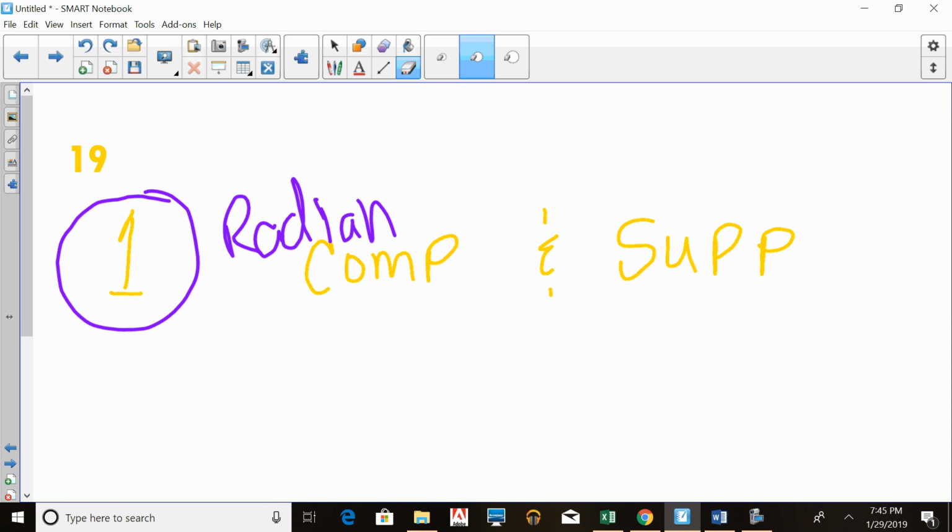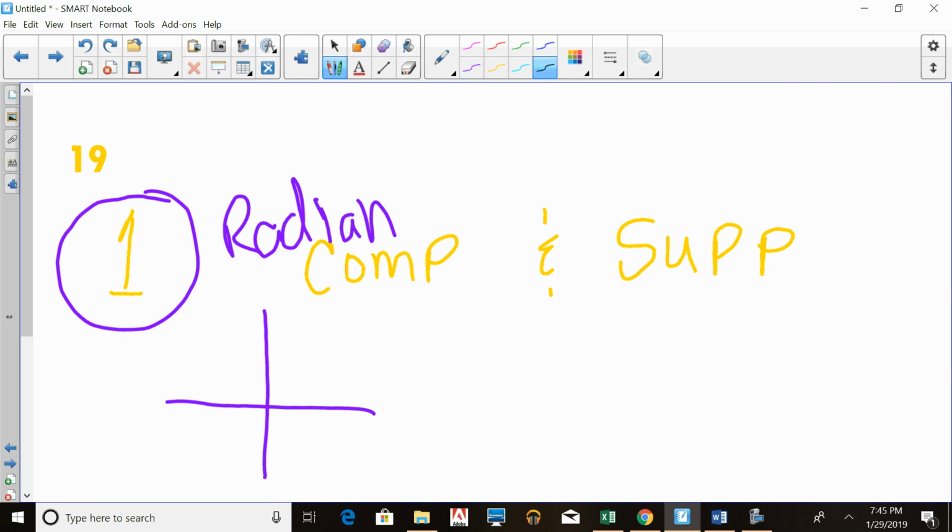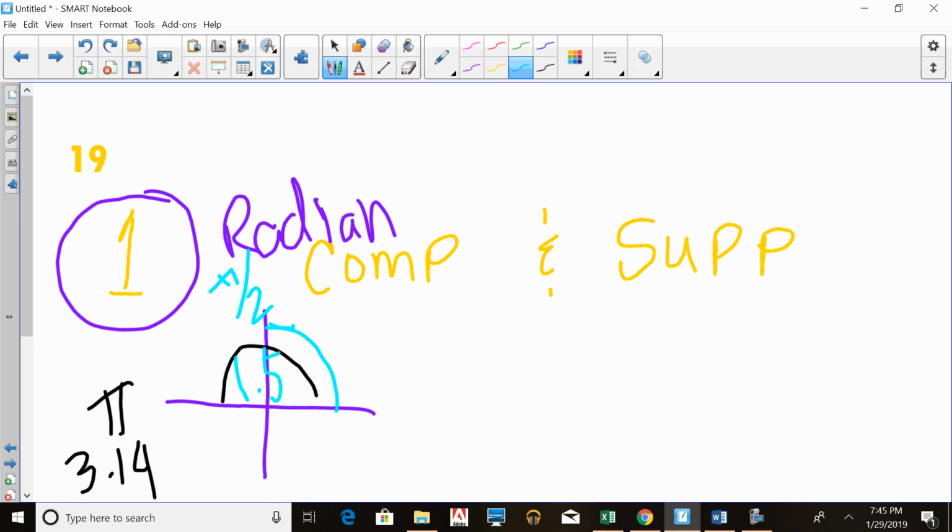So 1 radian, remember from here to there is pi, which is 3.14, which means from here to there is pi over 2, which is approximately 1.5. So 1 is this angle from here, red, this angle from here to right about there.